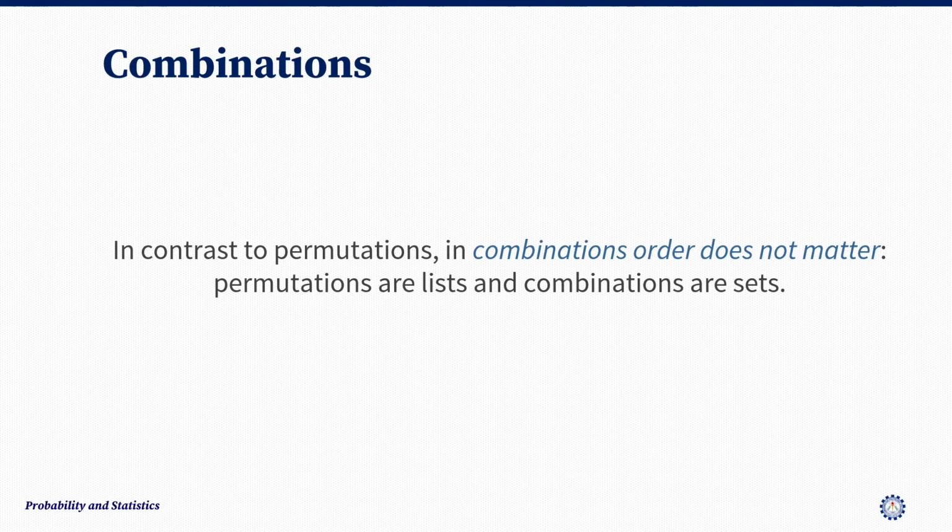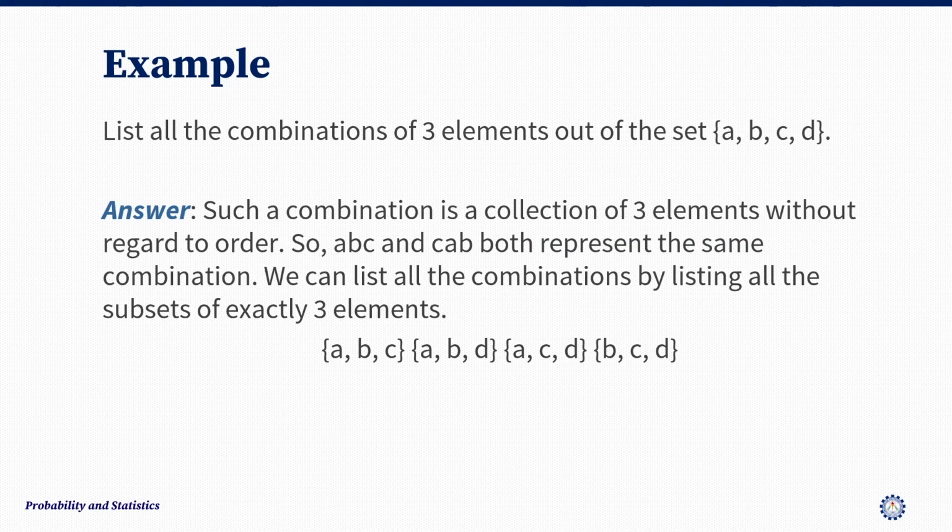In contrast to permutations, in combinations, order does not matter. Permutations are lists and combinations are sets. I will show you an example of what that means. Let's say, for instance, we list all the combinations of 3 elements out of the set A, B, C, D. Such a combination is a collection of 3 elements without regard to the order, so ABC and CAB both represent the same combination.